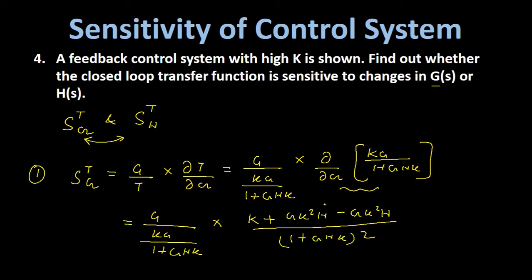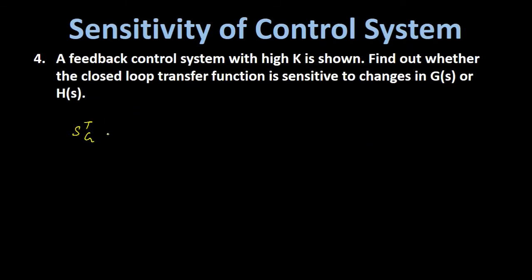Now this G K squared H cancels out with the minus G K squared H, and we get the sensitivity of T with respect to G equal to G by KG divided by 1 plus GHK, into K divided by (1 plus GHK) whole square.